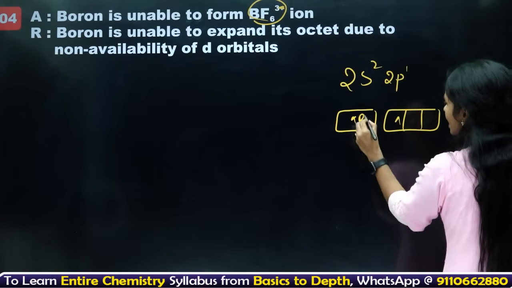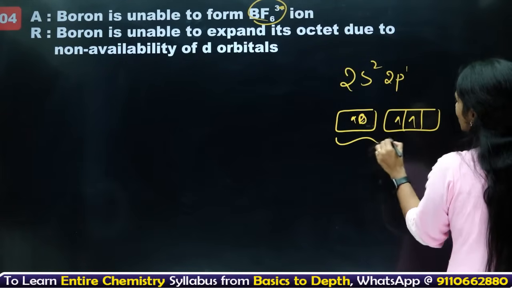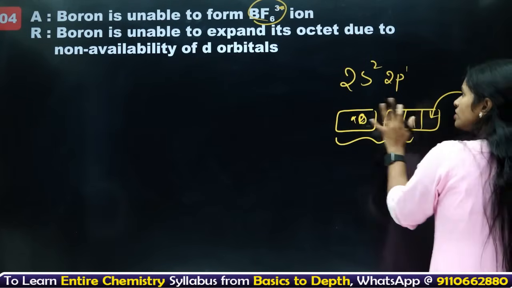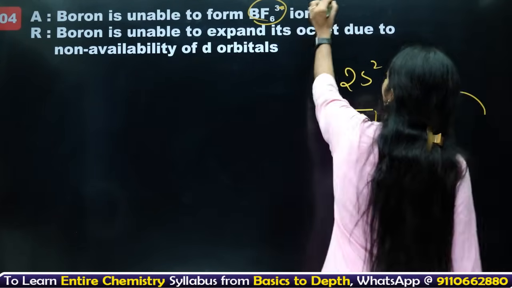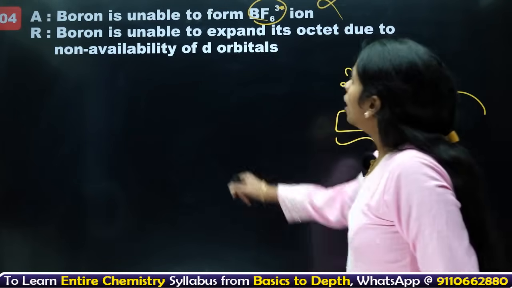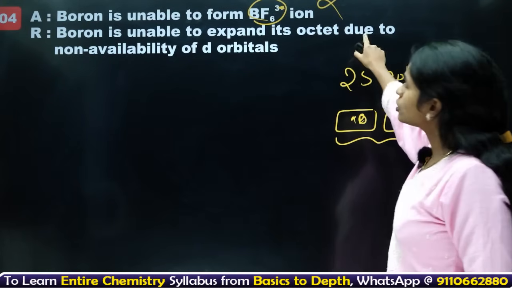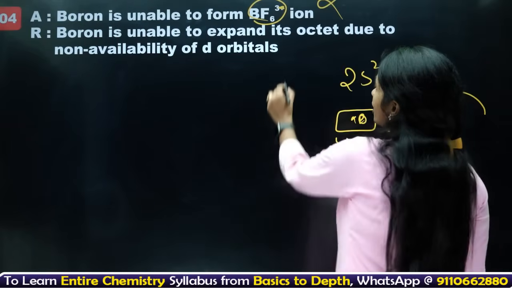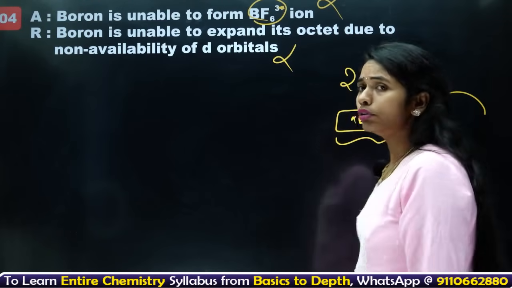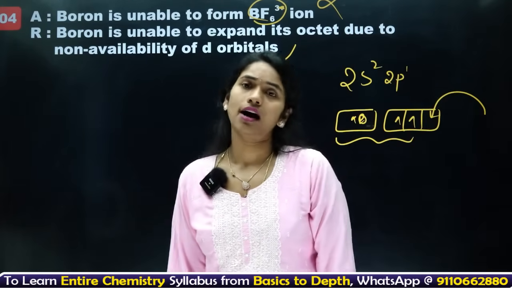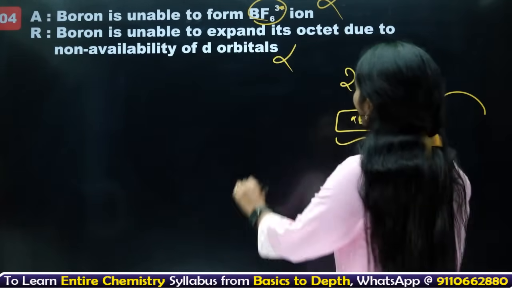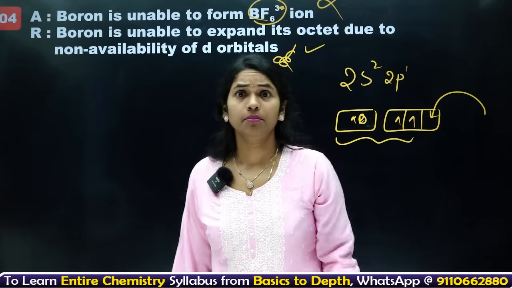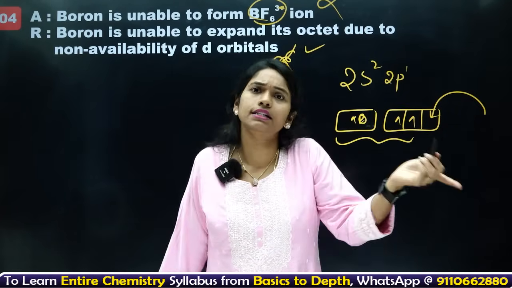If an electron is excited from s to p, maximum it can share 3. If it accepts 1 lone pair, maximum bonds it can form is 4. So it can't form 6 bonds. Wrong option. Boron is unable to expand its octet. Why? Due to the absence of d orbitals. Boron does not have d orbitals. So both assertion and reason are correct. One second. Reason is correct, assertion is wrong, because it does not have d orbitals, that's why it is not showing.